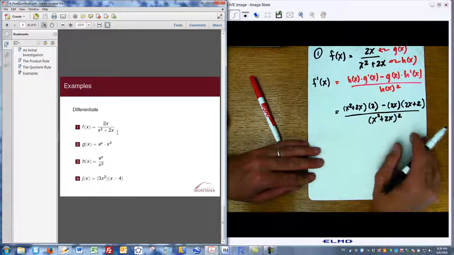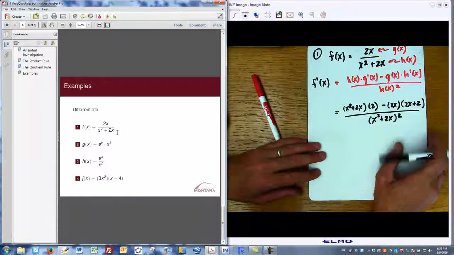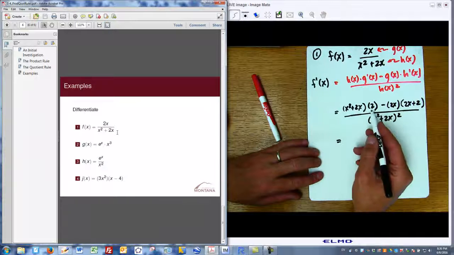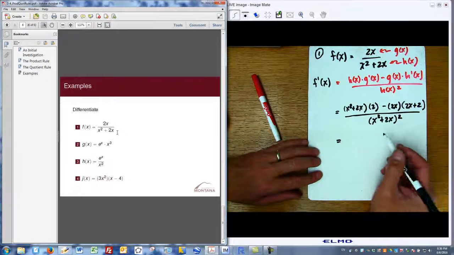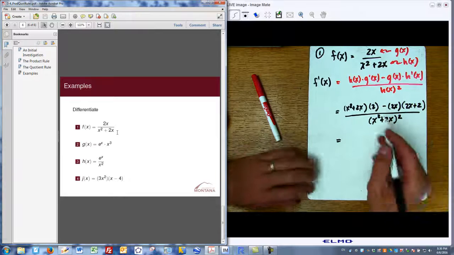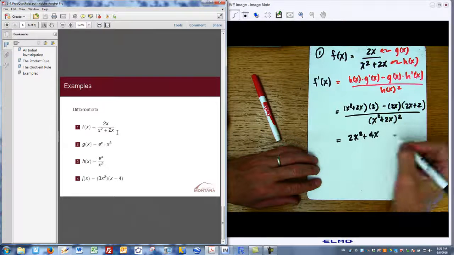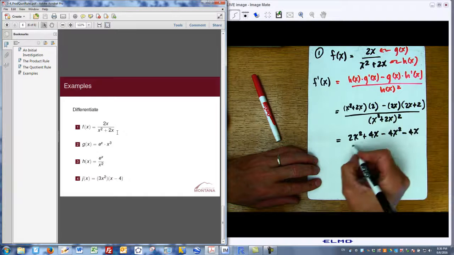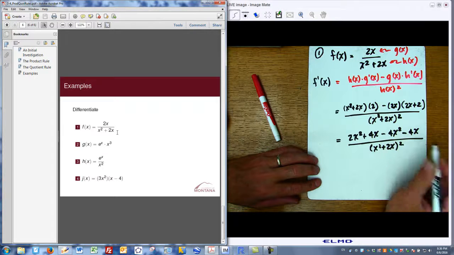Now from here on out, it's just algebraic simplification to get to an answer that you feel is palatable for the audience that you are trying to present to. So in this case, let's distribute both of these products on top and see if we can get some things to combine. So it looks like it'll be 2x squared plus 4x, minus 4x squared minus 4x, all over x squared plus 2x quantity squared.